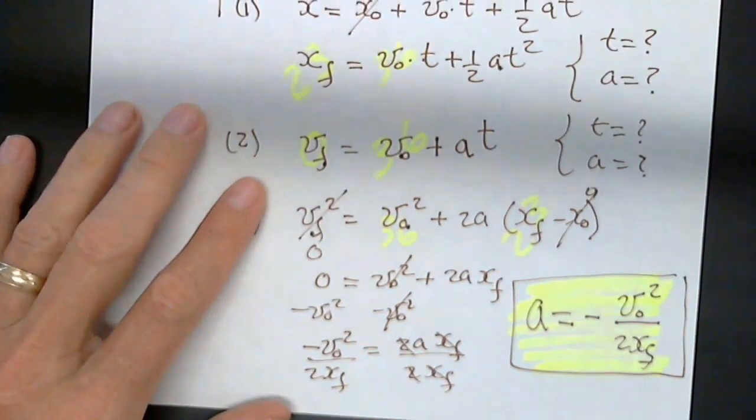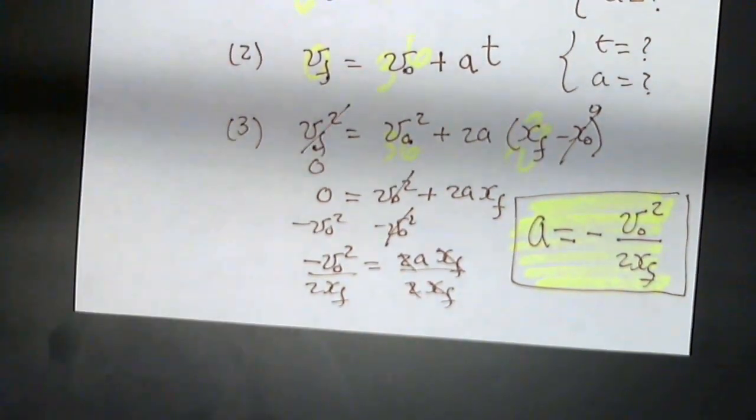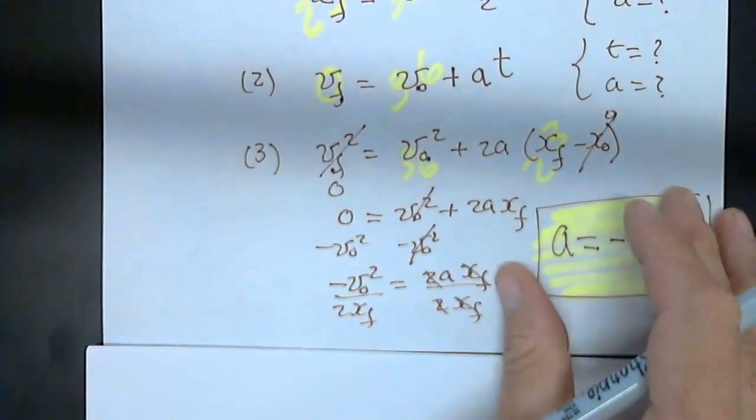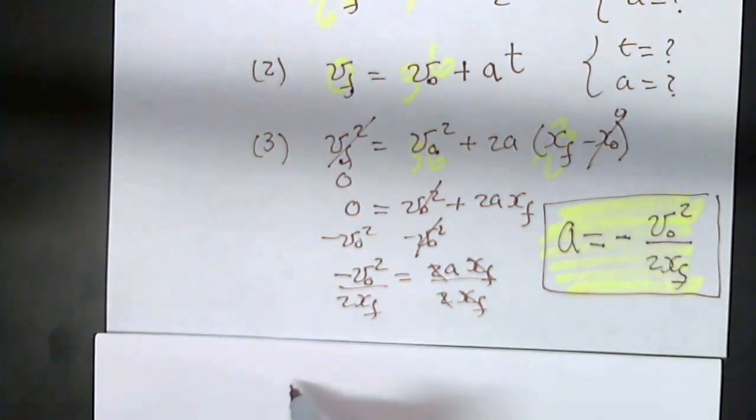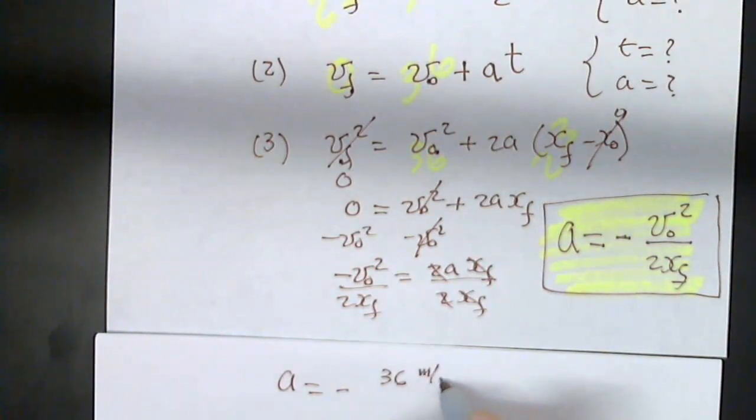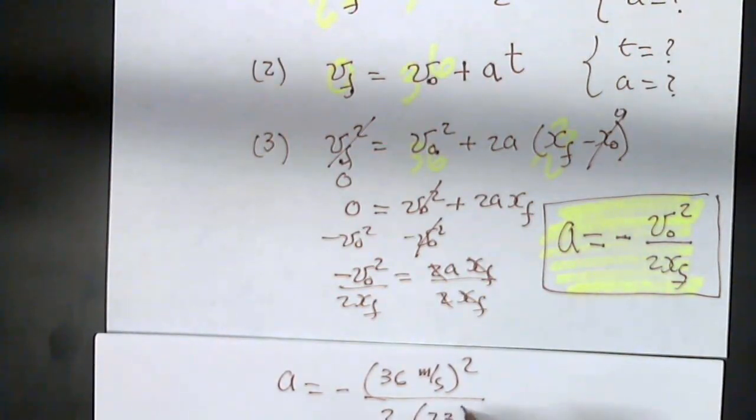Now I'm going to substitute the numbers to find the numerical value of this acceleration. We know now that it's negative because you have that negative and you're squaring the velocity, so everything is positive and you have a negative over here. So you have negative 36 meters per second squared over 2 times 23 meters.